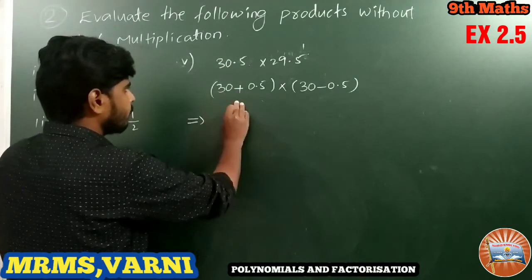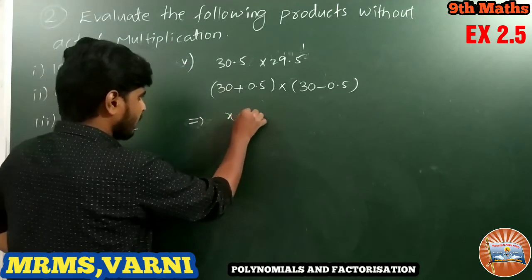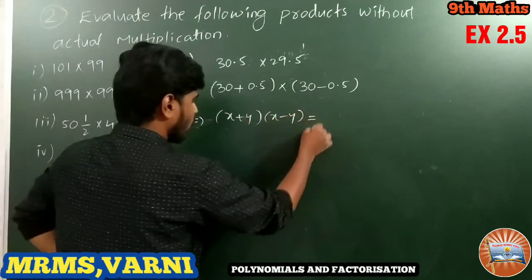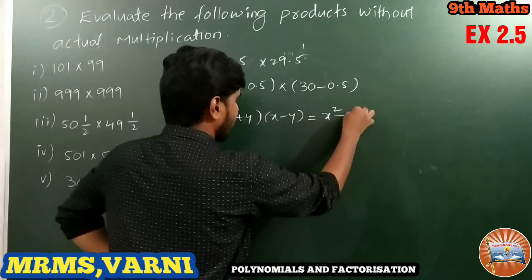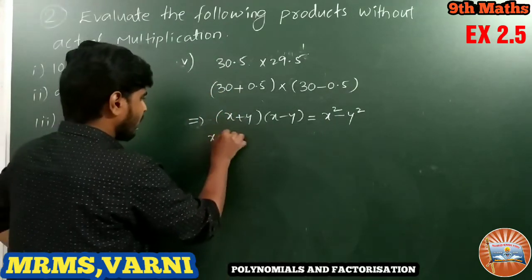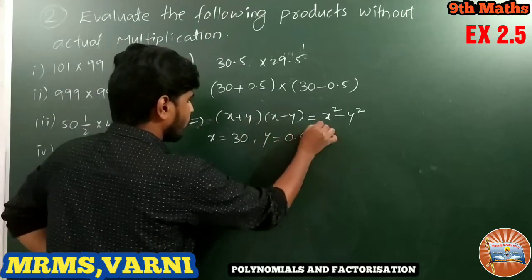So here I am going to use the identity x plus y into x minus y is equal to x square minus y square. Okay, so in place of x we have 30, y we have 0.5.